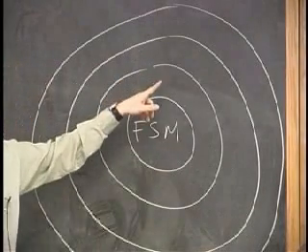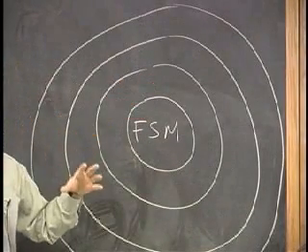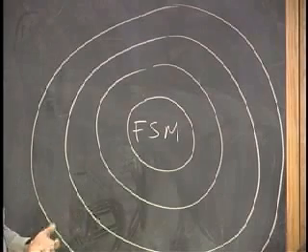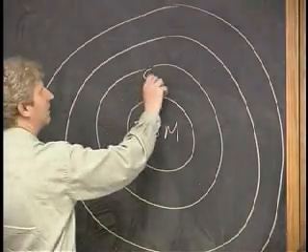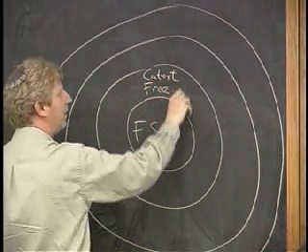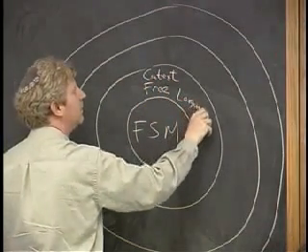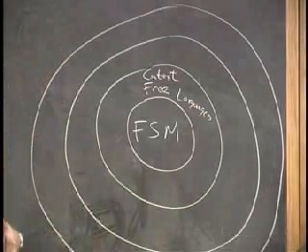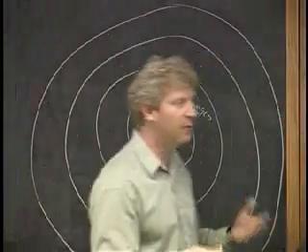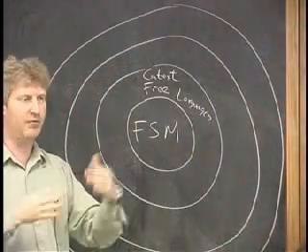Outside of this, if you add on some power to the machine, is a class of sets that can be recognized by a more powerful machine. And those sets are called context-free languages. A set of strings is often called a language, not at all to be confused with a programming language. A language is nothing more or less than a set of strings.